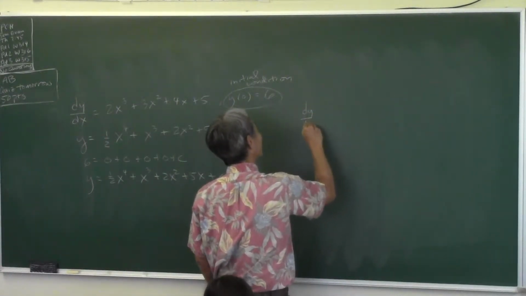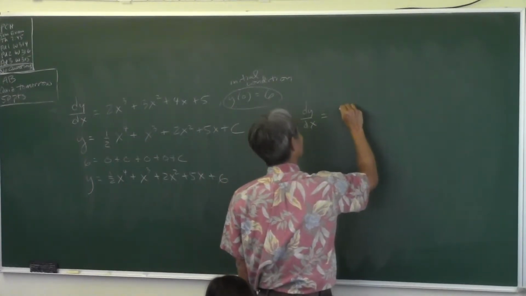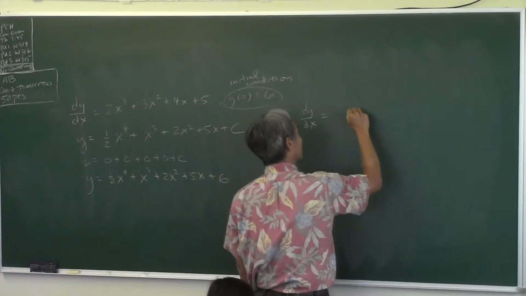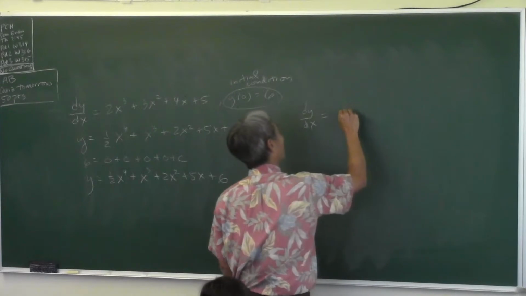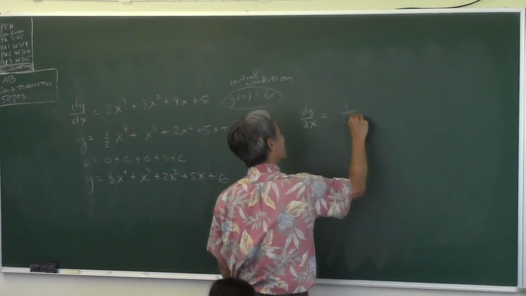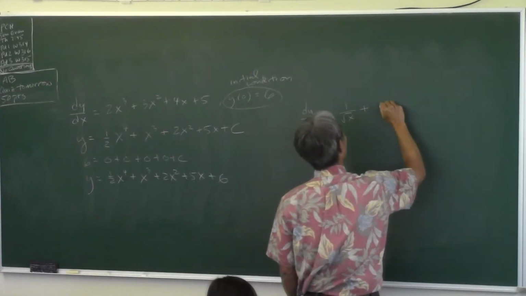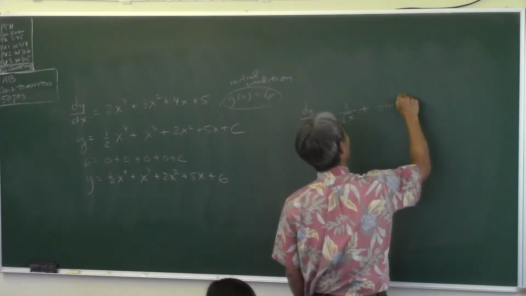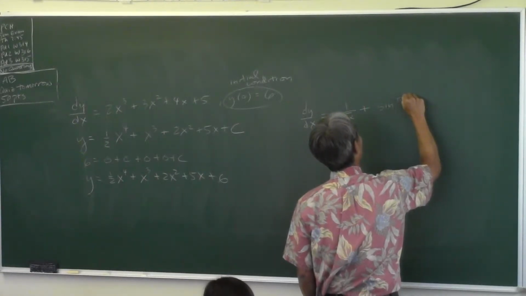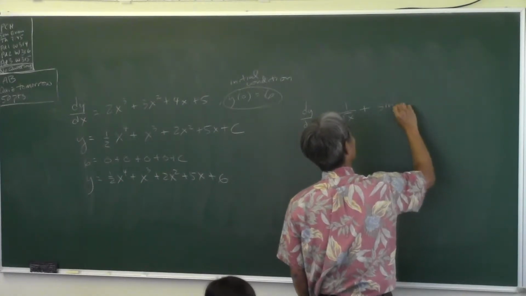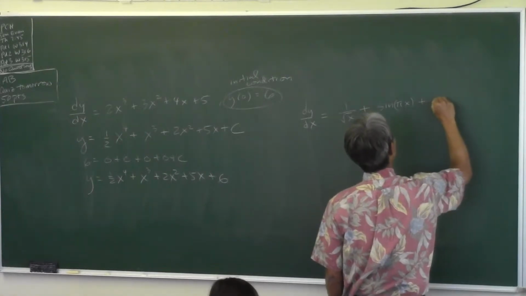dy dx is equal to, let's put some challenging ones here. How about 1 over root x plus sine of pi x plus x.